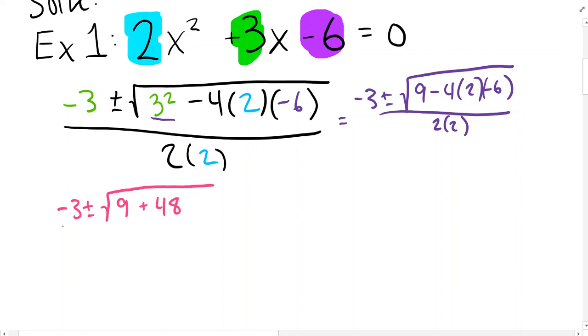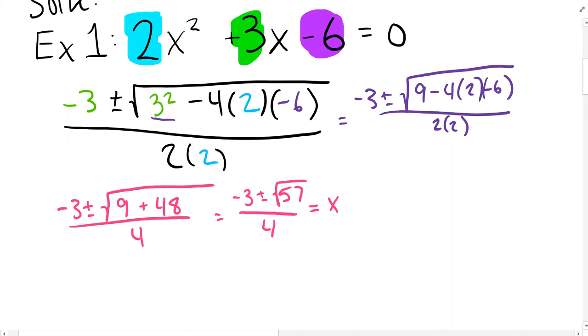And then 2 times 2 on the bottom is 4. Then I add those numbers inside my radical, so this is negative 3 plus or minus the square root of 57 all over 4. And that's equal to x.